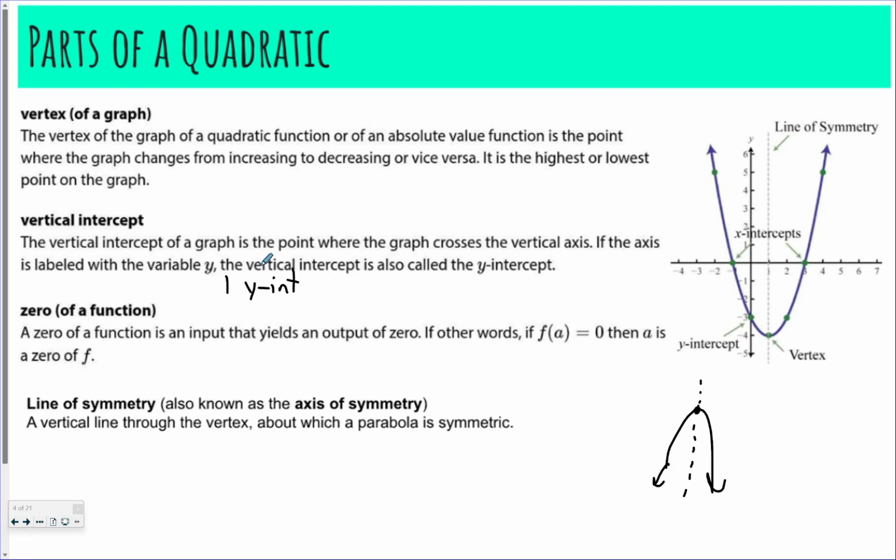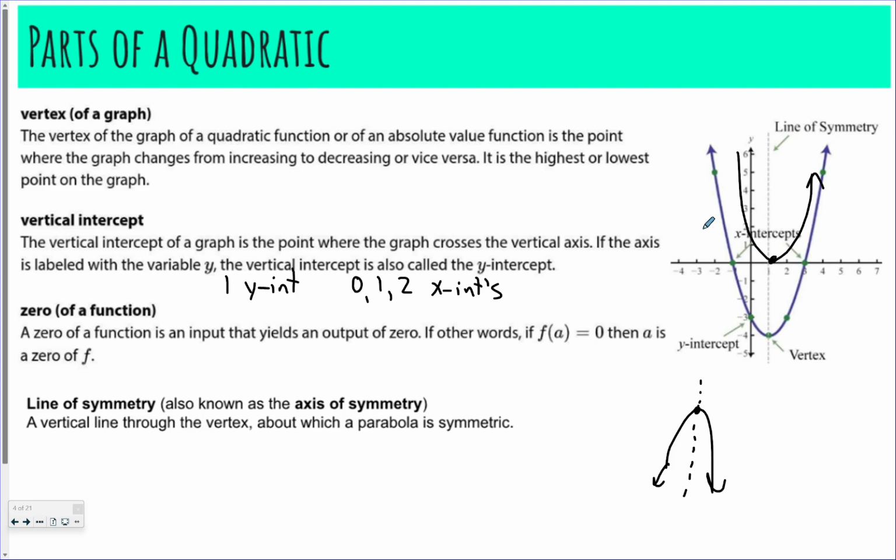But for x-intercepts, you could have either 0, 1, or 2 x-intercepts, depending on where the graph is on the axis. So here's a case where you have 2. If your parabola did more like this, then you'd have a single x-intercept, and that would be the vertex.